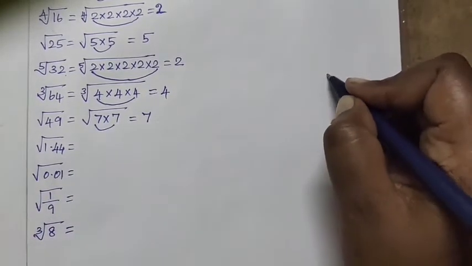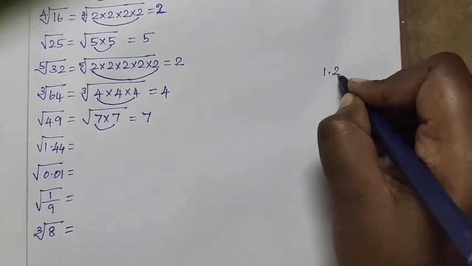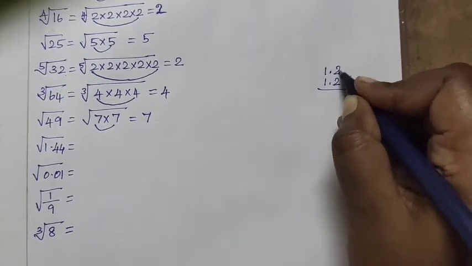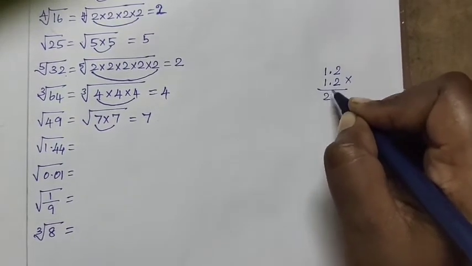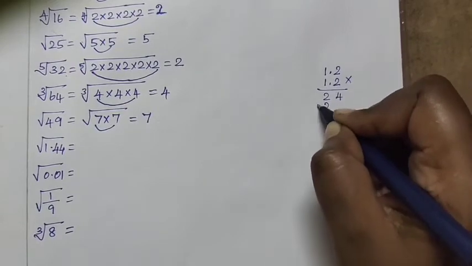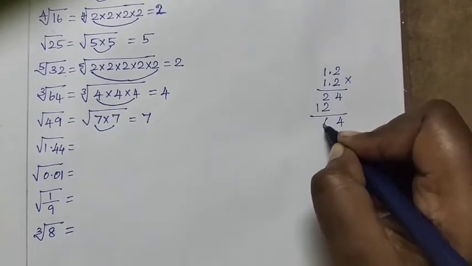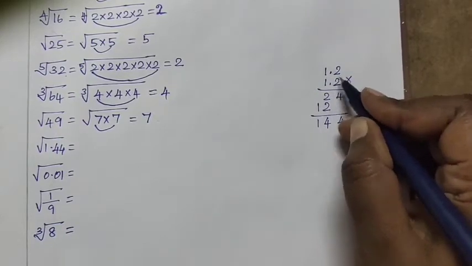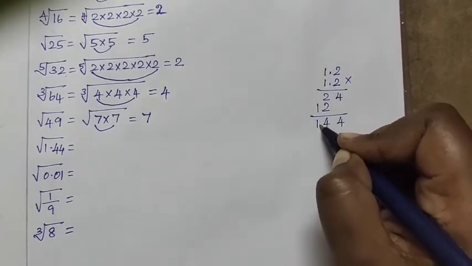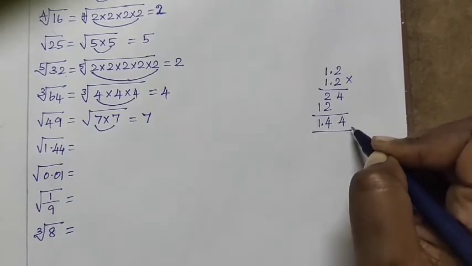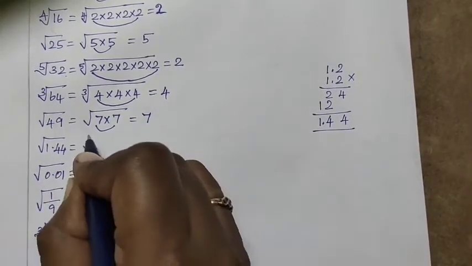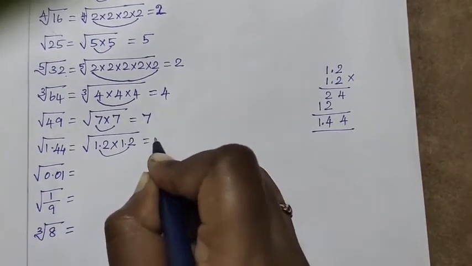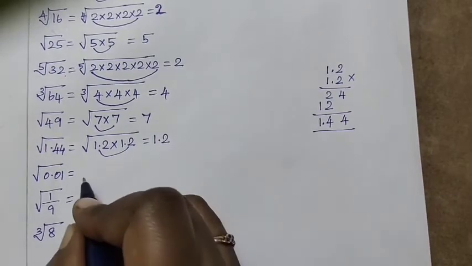So we multiply 1.2 two times. 2 2s are 4. 1 2 is 2. 1 2 is 2. 1 1 is 1. 4 4 1. Here 1 digit, here 1 digit. We have to move 2 digits. So the answer is 1.44. So we can write it as 1.2 into 1.2. So the answer is 1.2.